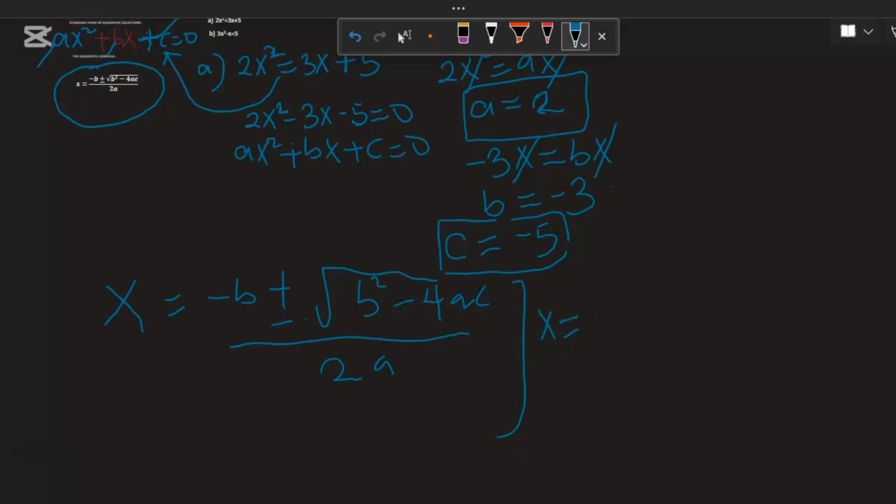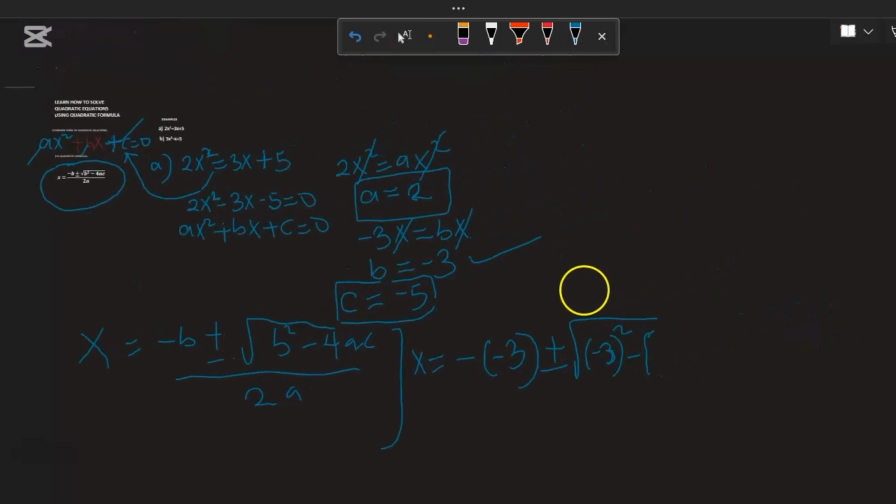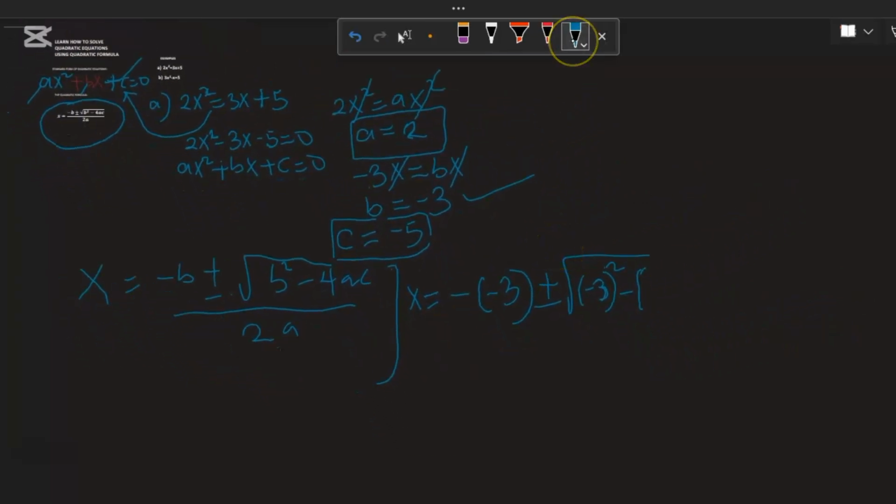Do not forget the value of your b is negative 3, so this will give me negative, negative 3, plus or minus the square root of negative 3 squared minus. Do not forget to open your bracket so that when computing, it will not confuse you. This will give me 4 multiplied by the value of a, which is 2, multiplied by the value of c, which is negative 5.